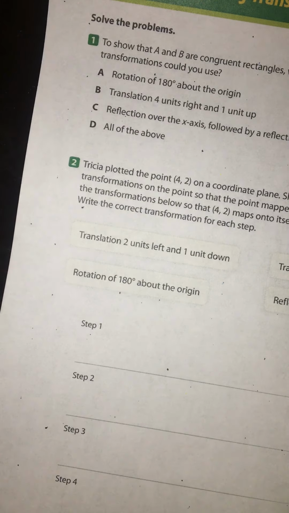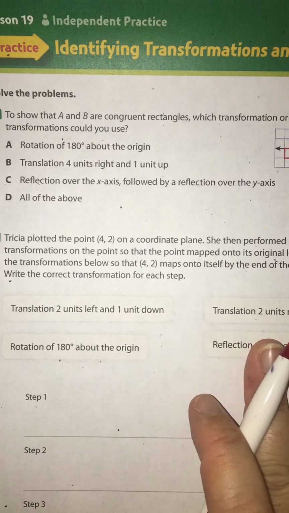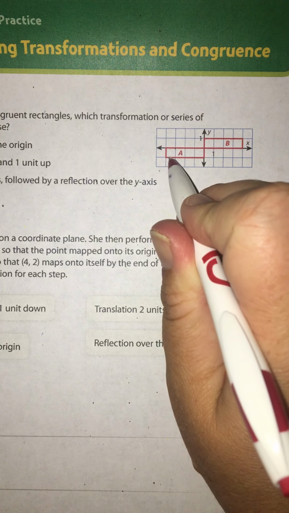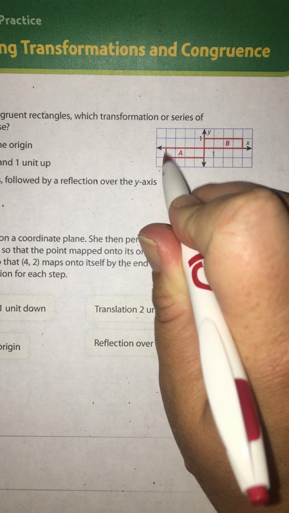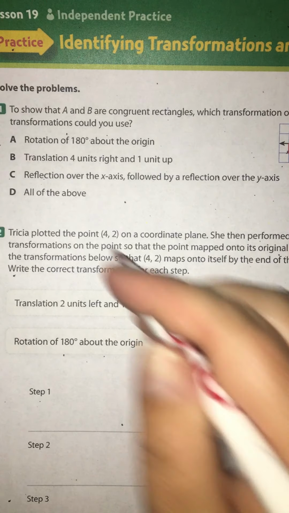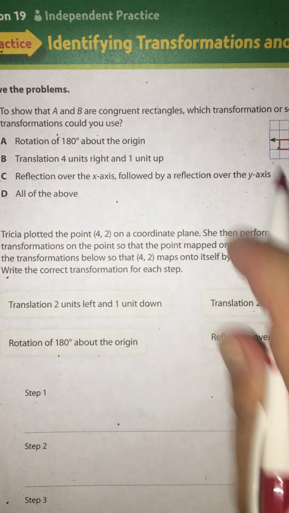We're doing so well. We're going to go on to 182. To show that A and B are congruent, which transformation would you use? Okay. If I want to show they're congruent, I could do a reflection and then move one unit up. Is that an option? Rotate 180.